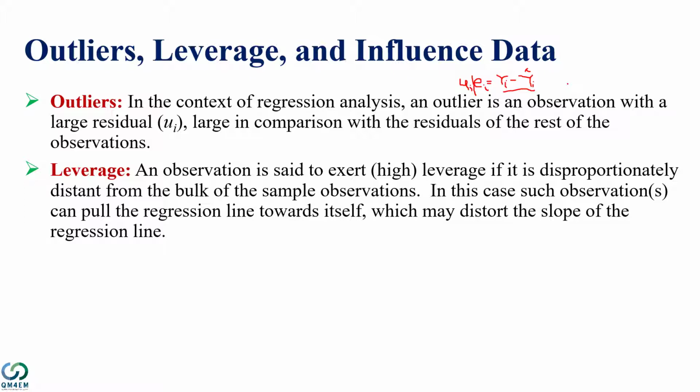It means that when you have, as I was giving the example, out of 20 one observation whose value is very large compared to the rest of the 19 values, and this particular value drags the regression line toward itself, we call this observation the leverage, or we say that it's going to distort the regression line.